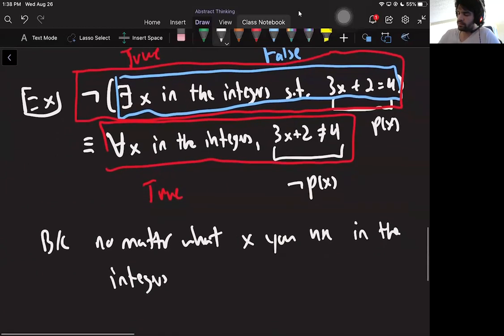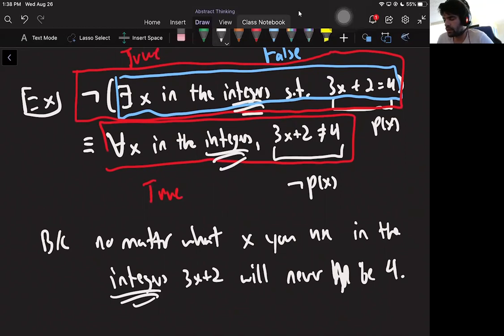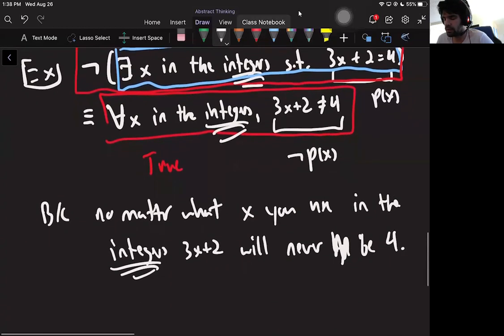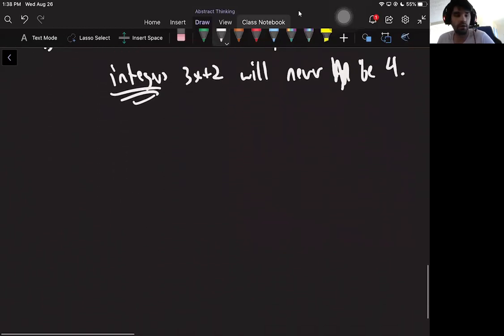Yes, that is true. It will never be 4. Okay, so no matter what x you use from the integers, notice that that doesn't change when you negate it. That's still there. No matter what number you use from the integers specifically, the left side will never become 4. So the negation of the original is true and the original is false.